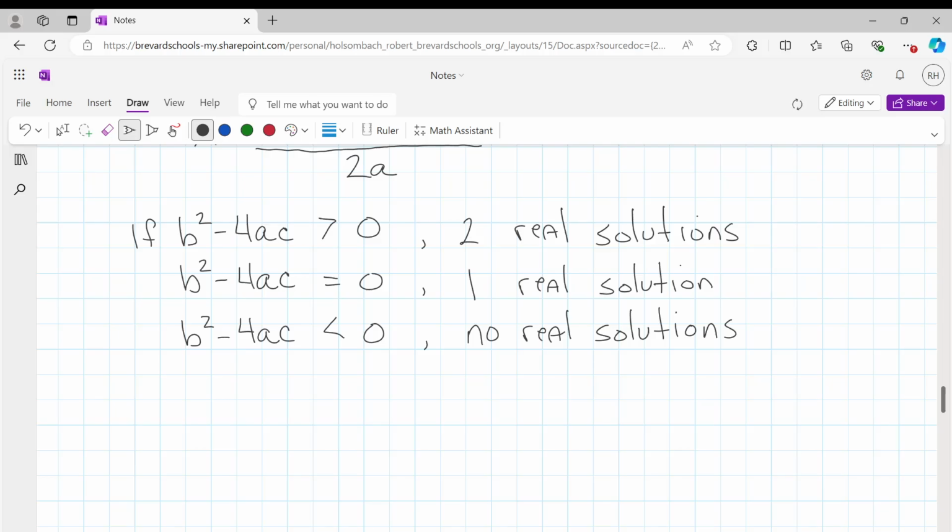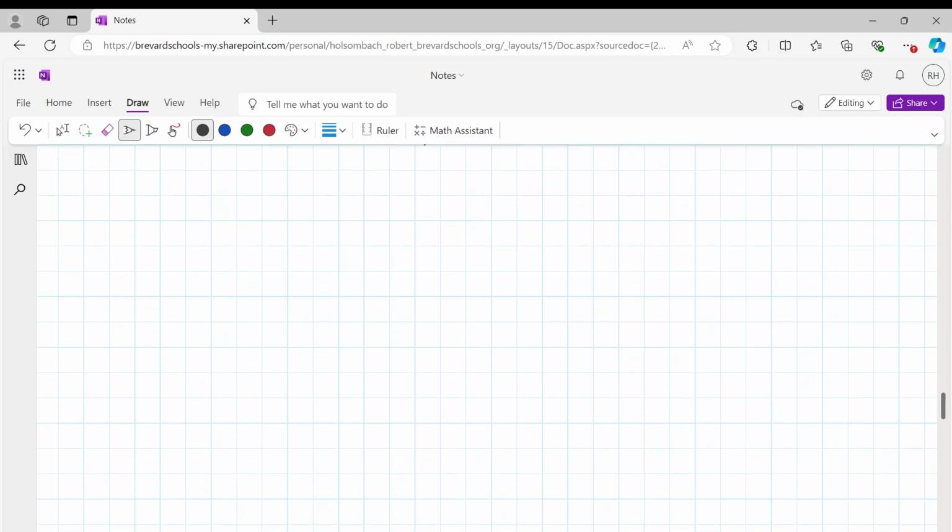So what you're going to be doing today is evaluating the discriminant. Once you evaluate the discriminant, you're going to be able to answer the question of how many solutions the quadratic has. So if we take a look at this question here, what is the number of real solutions?